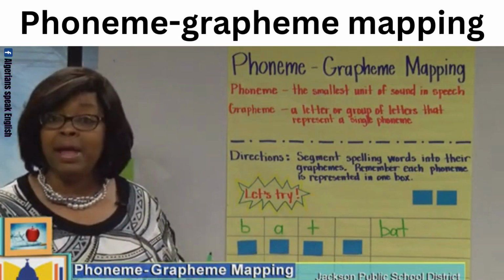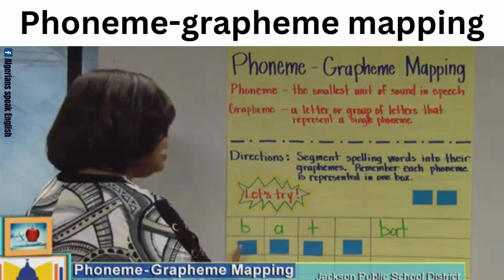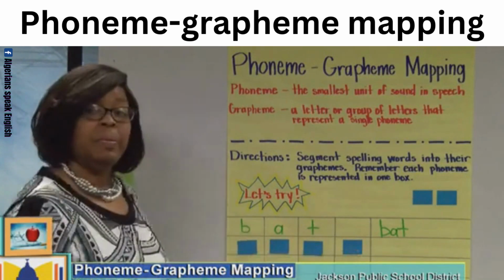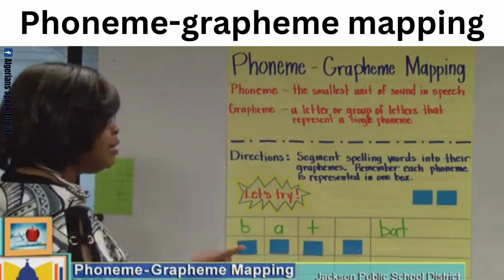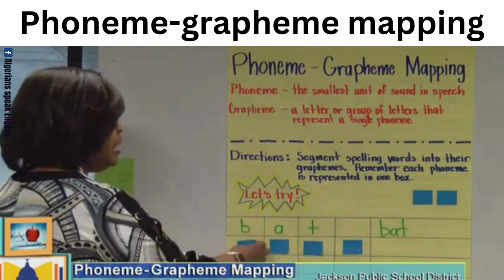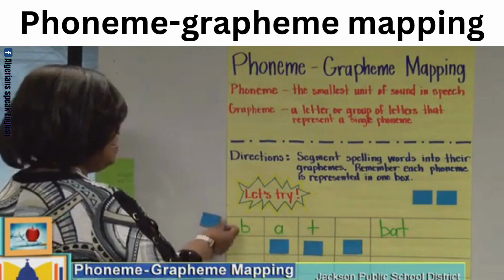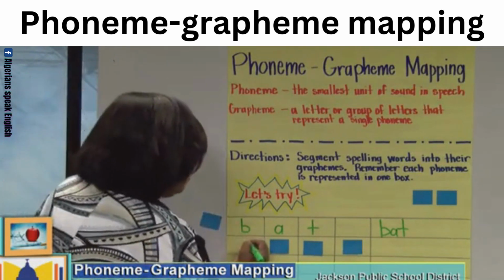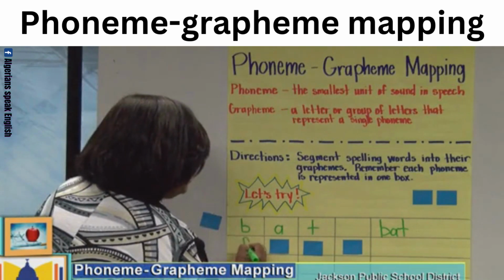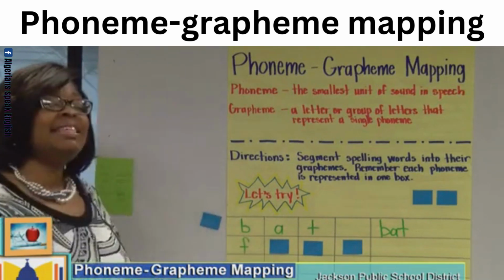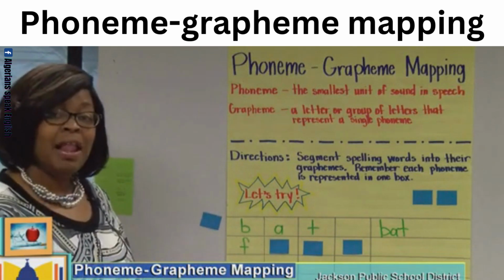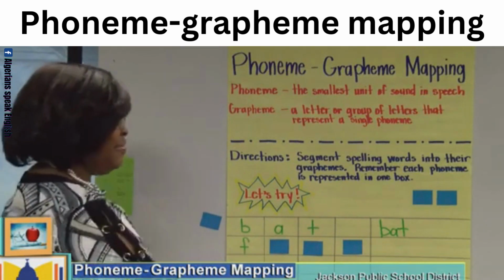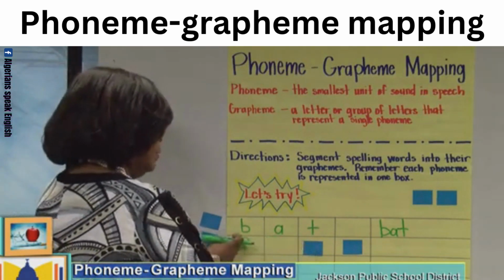So no matter how many graphemes it takes, they must fit inside of 4 boxes to represent the 4 phonemes. So let's think about it. We heard the first sound, so we represent that with the letter. Great job, guys. The next sound we heard in fluff was the L sound. Can you think about the grapheme that represents that sound?